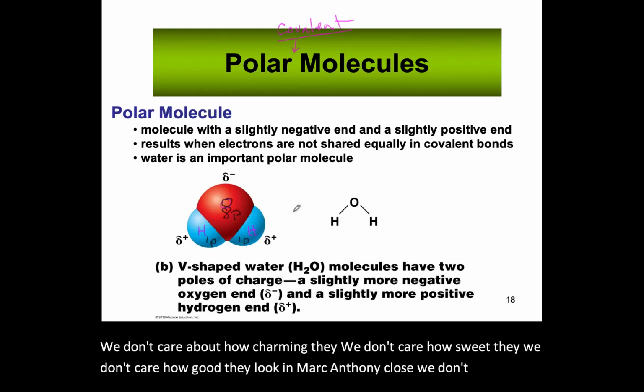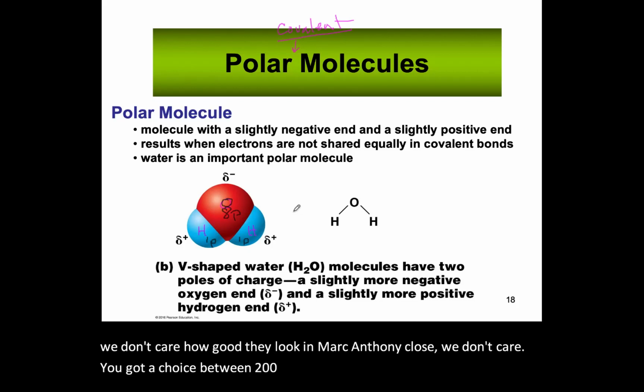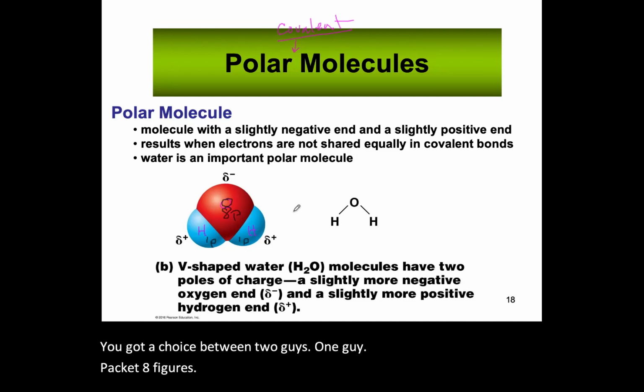You got a choice between two guys. One guy is packing 8 figures. He's a millionaire. The other guy is a thousandaire. He's just got 1,000. But the other guy, he's got millions. Tens of millions if we're going to stick with 8.